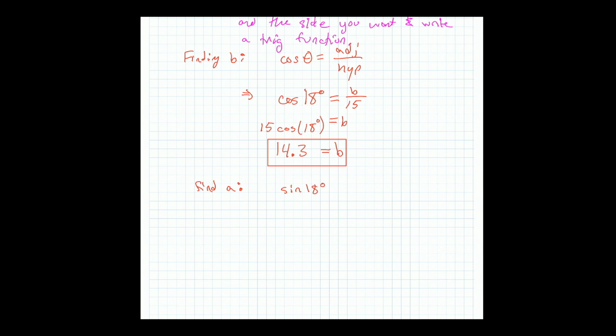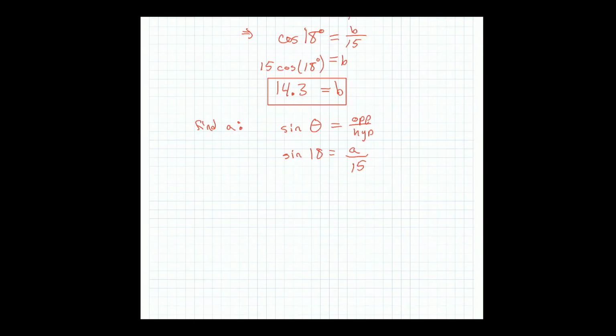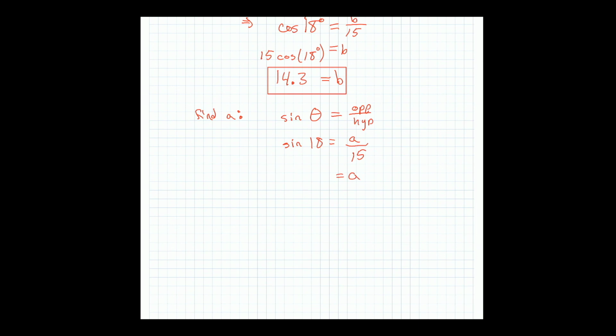Sine 18 degrees is, well, sine theta is opposite over hypotenuse. And then for us, sine 18 degrees is opposite side, which is A, over hypotenuse, which is still 15. So A is 15 sine 18.